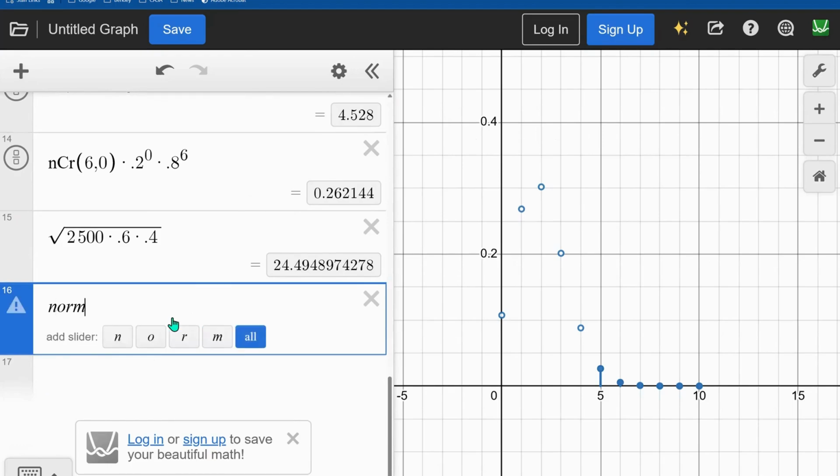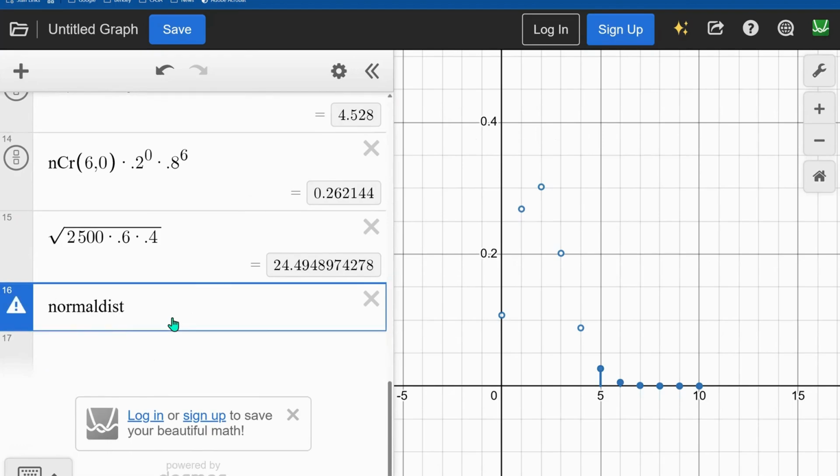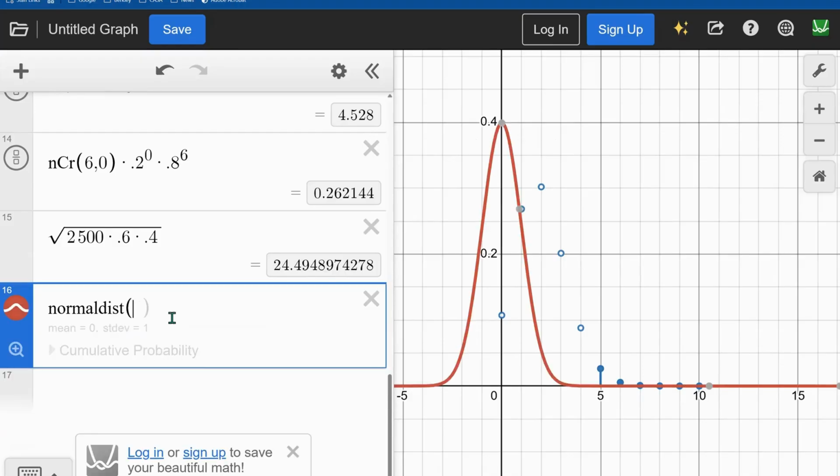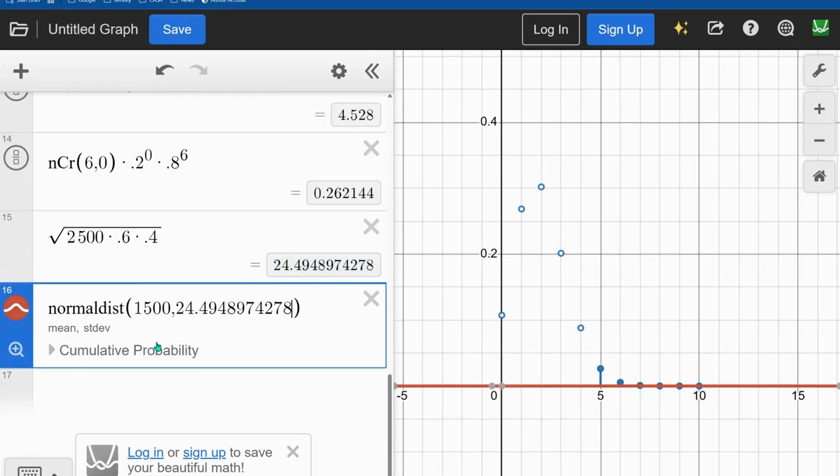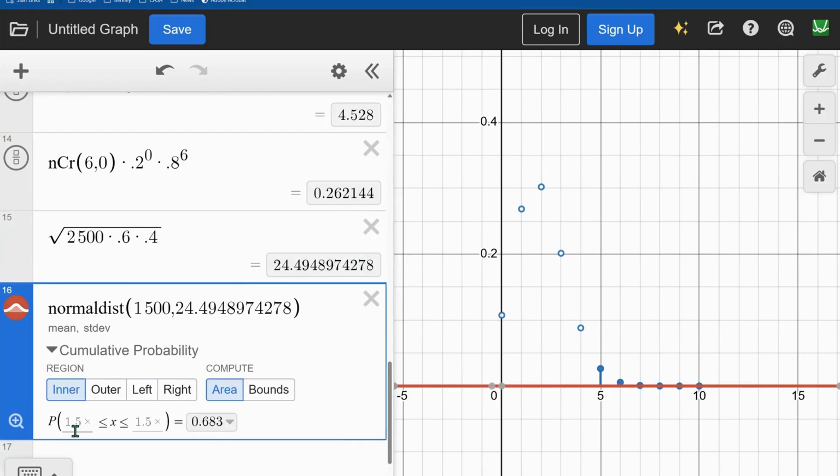The normal distribution with 1500, comma, I don't feel like typing this in again, so I'm going to copy it and paste it. And we want the right tail, and we want to be 1520 or greater.